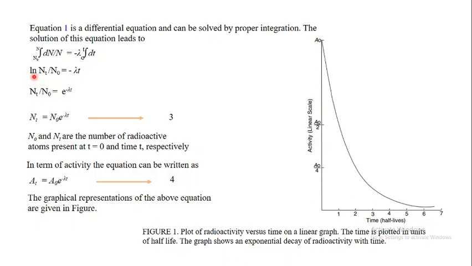Solving further, Nt over N naught is equal to e raised to minus lambda t. The natural log is converted into e raised to minus lambda t.